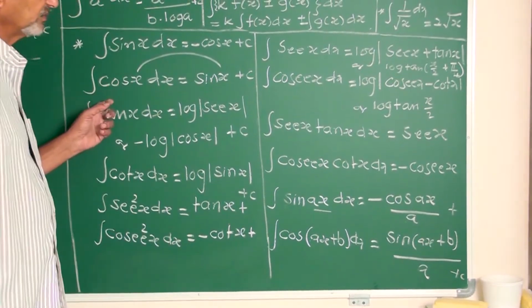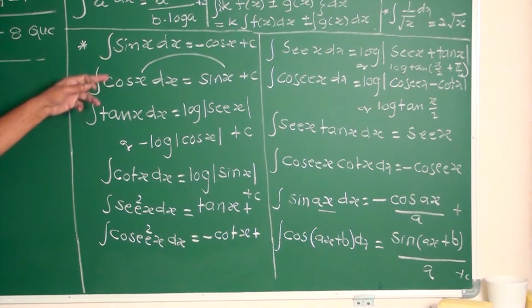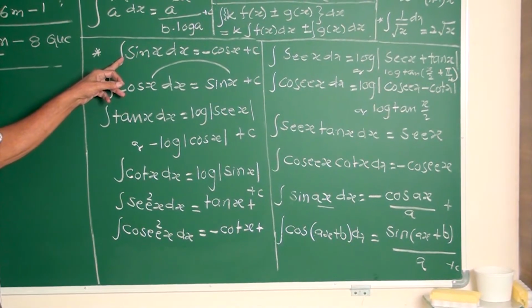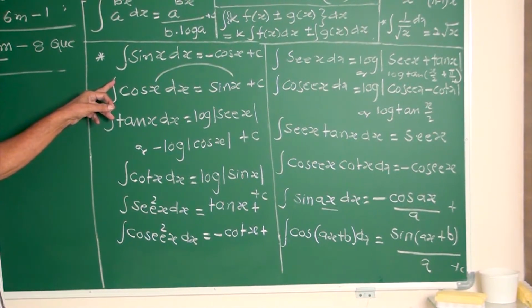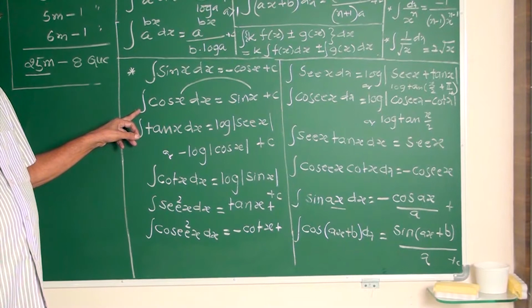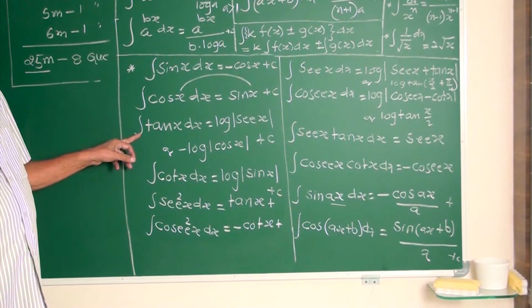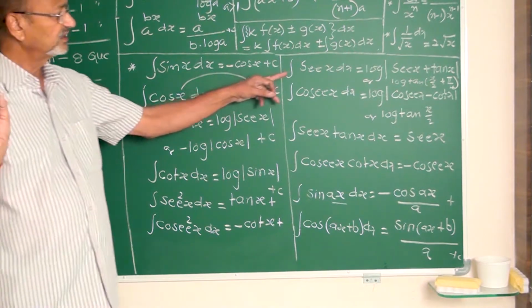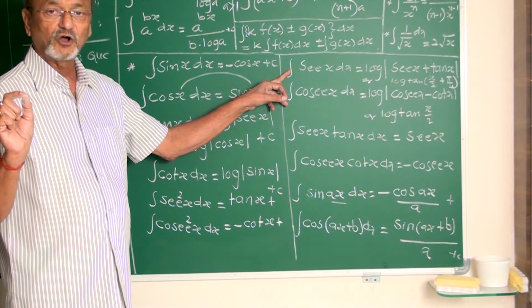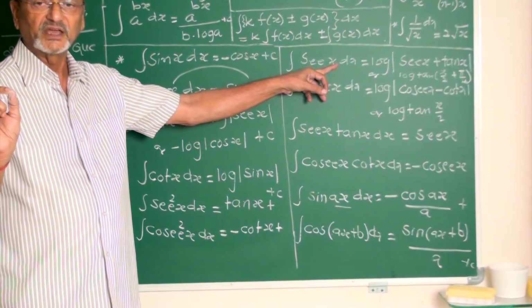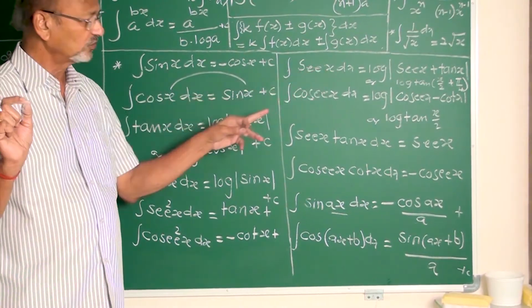All these come under, my friends, trigonometric functions. Remember: integral of sine is minus cos x, integral of cos is plus sin x, integral of tan is log sec x, otherwise minus log cos x, integral of cot is log sin x, integral of sec is log sec x plus tan x, otherwise log tan of x by 2 plus pi by 4.